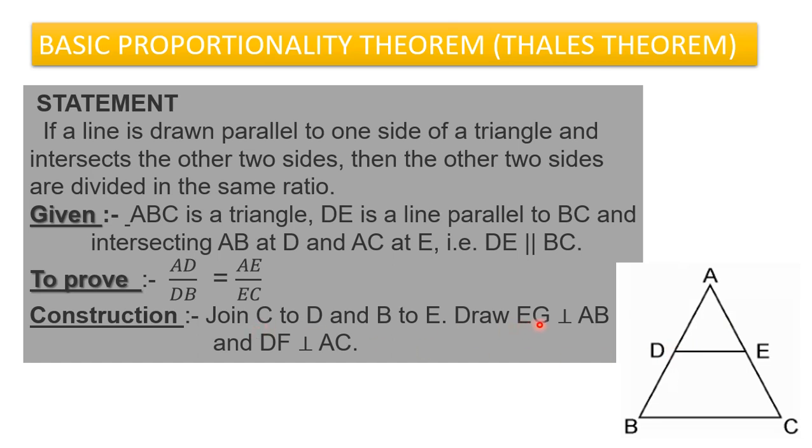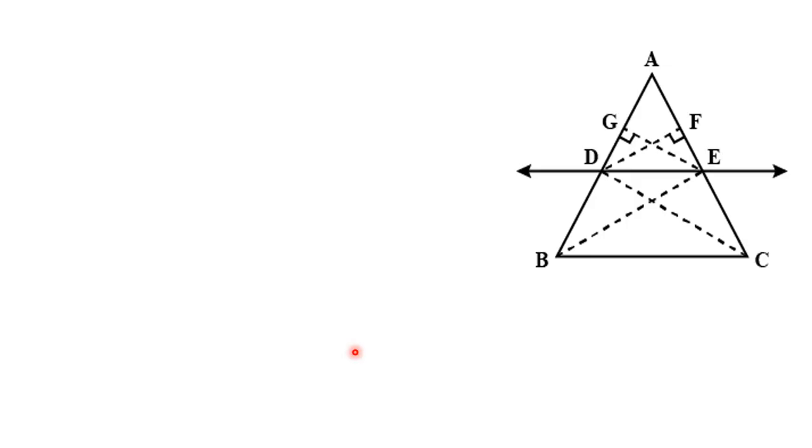So EG is perpendicular to AB and DF is perpendicular to AC. After the construction, the figure is like this.